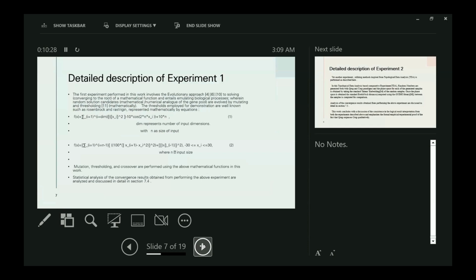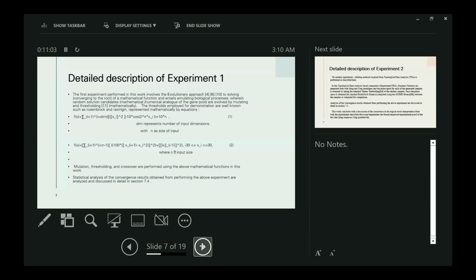Having said that, I'm just describing the first experiment, in which the evolutionary approach was used to solve two mathematical functions, the Rastrigin and Rosenbrock functions, which are presented over here with the parameters that they have.